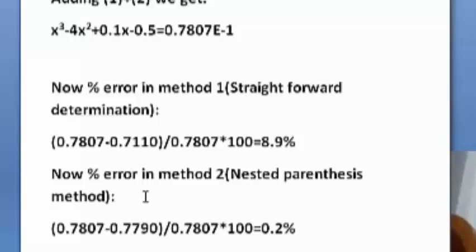Now the percentage error in method 2, the nested parenthesis method, is (0.7807 minus 0.7790) upon 0.7807 into 100, and thus the relative error here is 0.2%.